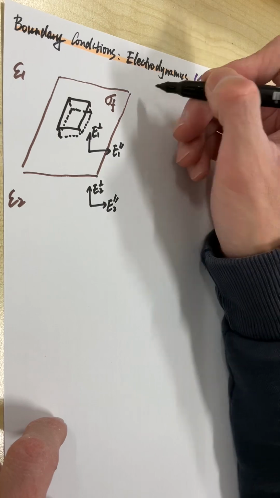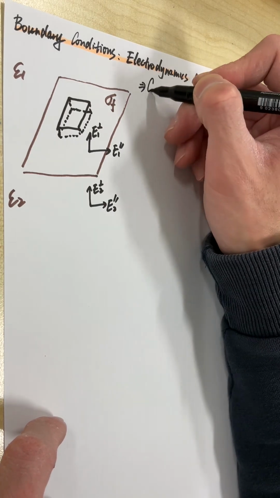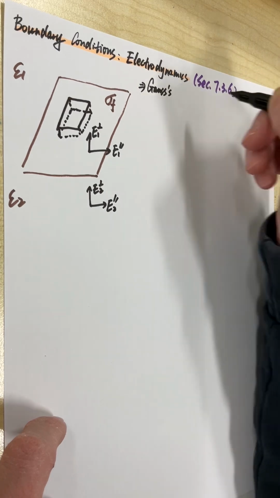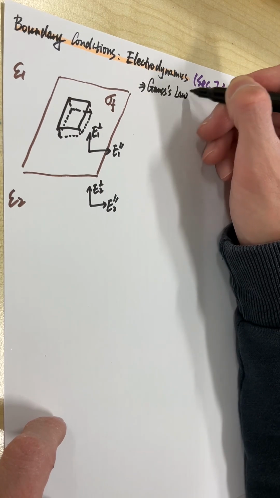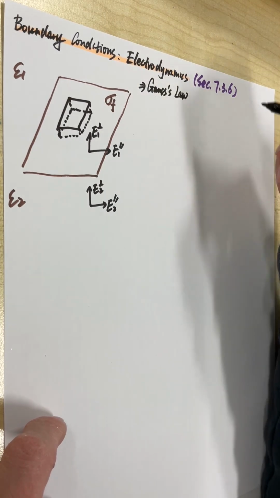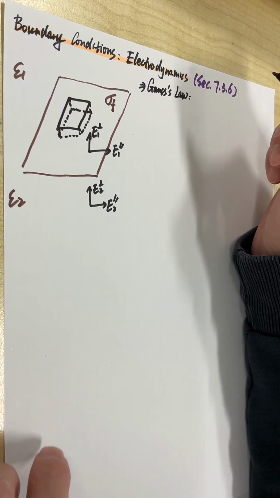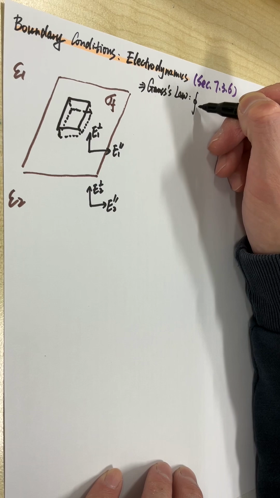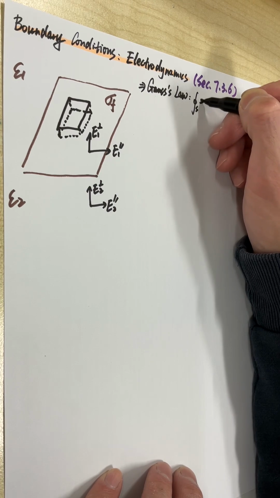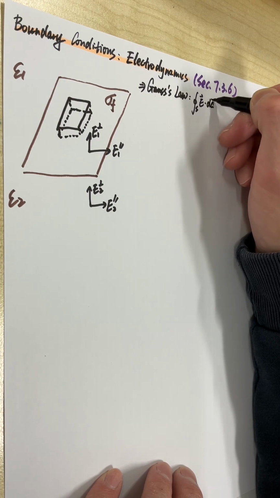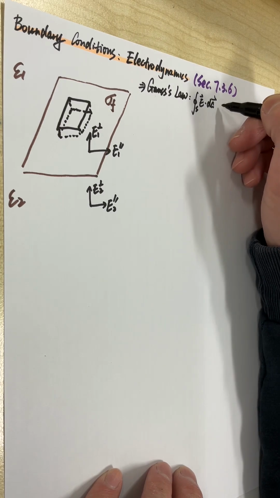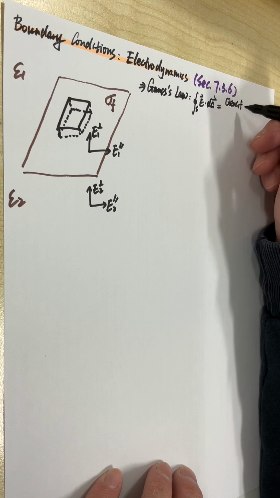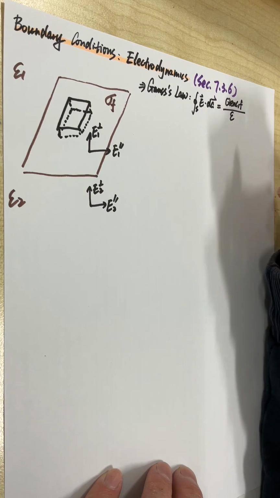First, for the electric field we always have Gauss's law, but it's generalized to linear media. So we have the surface integral of the electric field equal to the total free charge enclosed divided by epsilon.